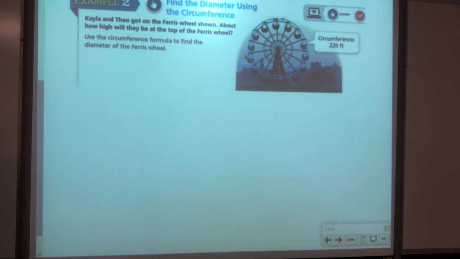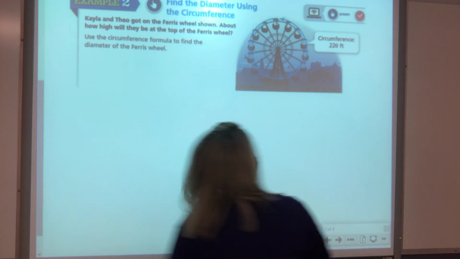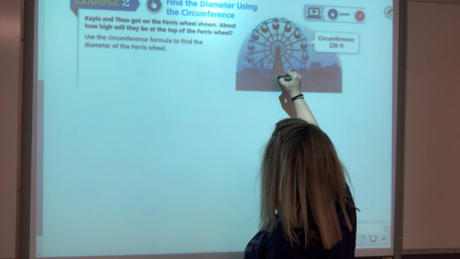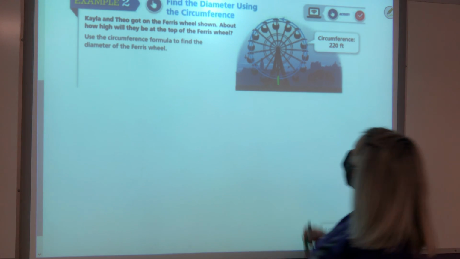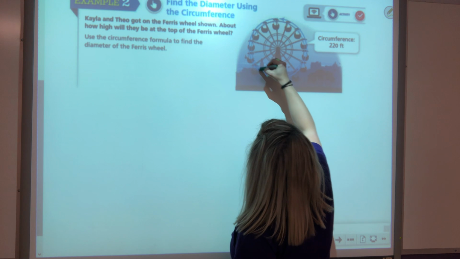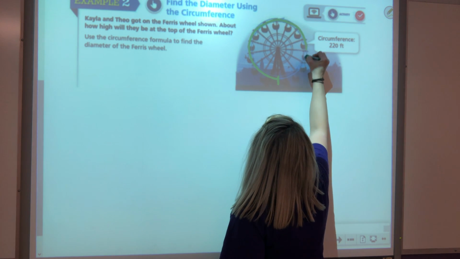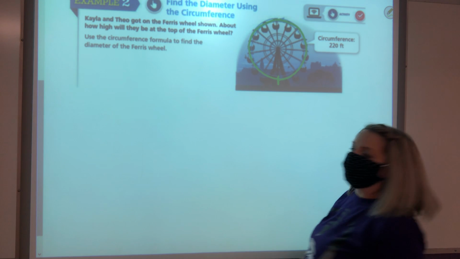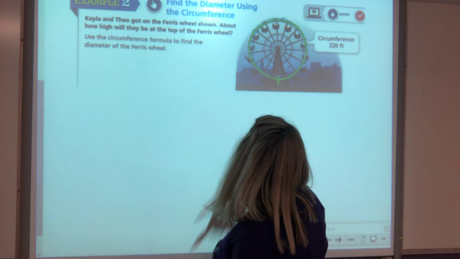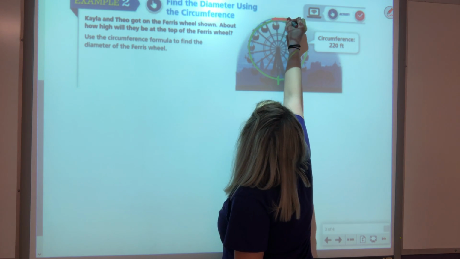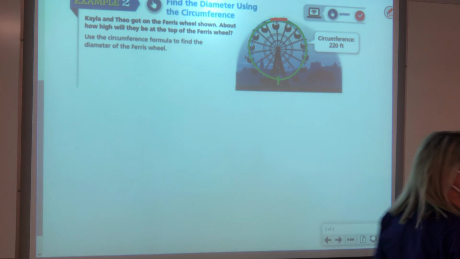Kayla and Theo got on the Ferris wheel shown. About how high will they be at the top of the Ferris wheel? So if they get on down here, and they know they're going to travel 220 feet when they go all the way around, how high off the ground are they when they're at the top?